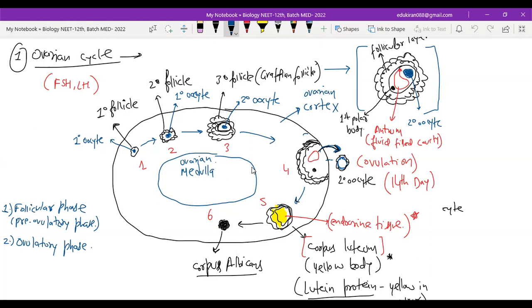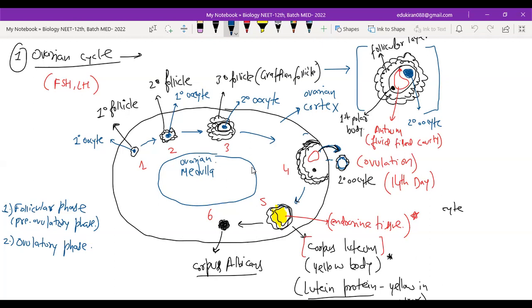In January from the left ovary, in February from the right ovary. So if the question comes that a follicle develops in each ovary, then it will not be every month, it is alternate months. But if it is in female, then it is every month. One month from the left, one month from the right. Is it clear?